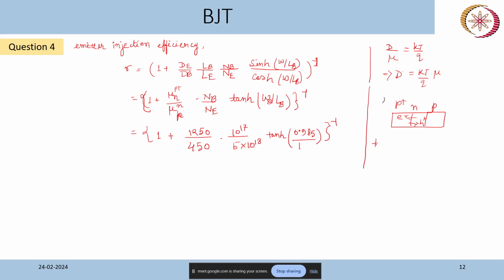So tanh of x is exponential x minus exponential minus x, by exponential x plus exponential minus x.